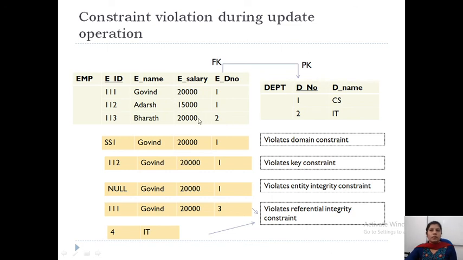Now how will these people get to know that the department number has been changed? Here it is 2 and here I am updating it to 4. In that case, again it will violate the referential integrity constraint, because if it is made 4, this 2 will not exist, right? That's why I cannot modify this.